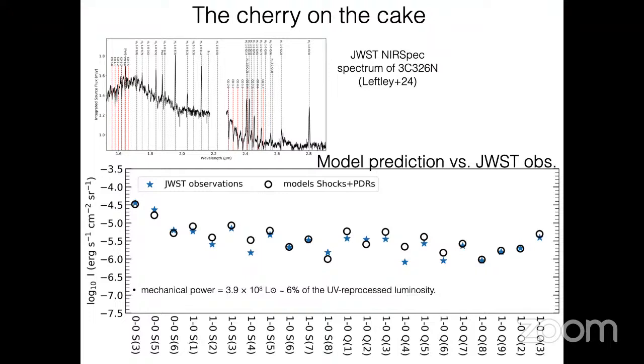It's a few percent for James Webb observations. And again, we find the mechanical power that is needed to account for this. Now with James Webb, we've got many more lines than before, Q or S lines or O lines of H2. Some lines are not well reproduced within 0.5 dex, but overall it is quite good.